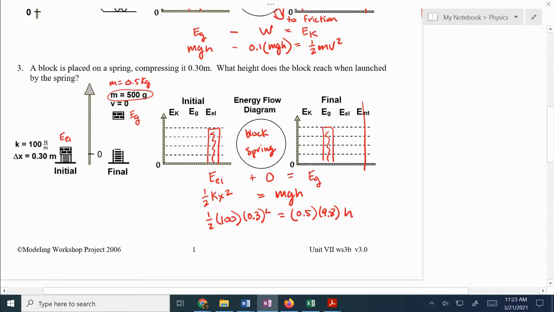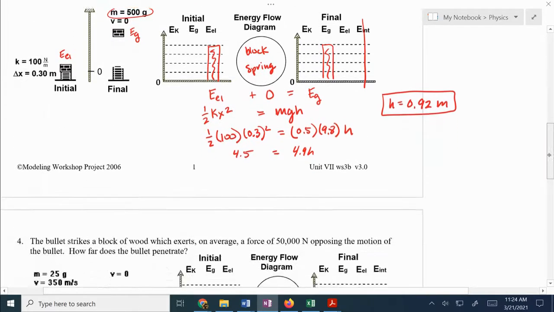H is what you're looking for there. It's going to give you 4.5 on this side, 4.9 h. H is equal to 0.92 meters.